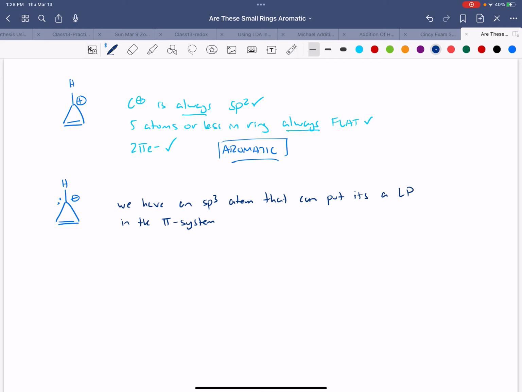So we have to decide, okay, if we consider it sp3, then that molecule is what?